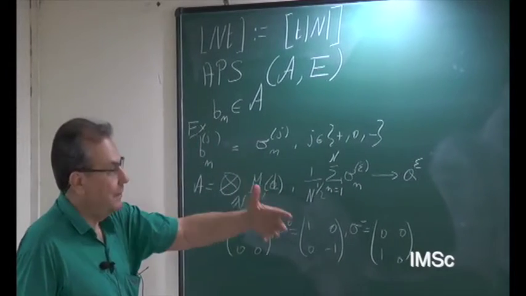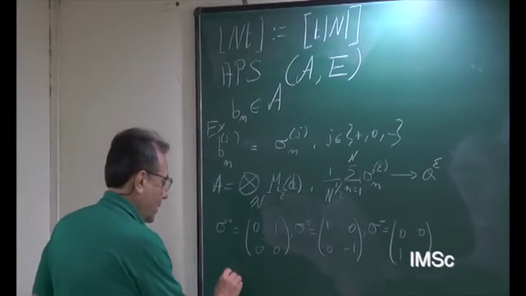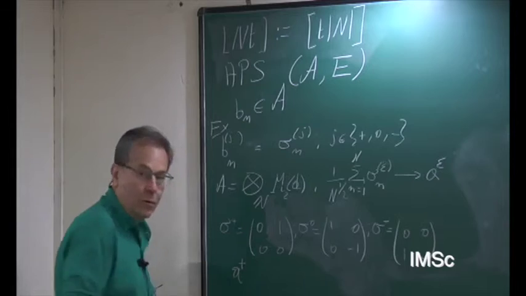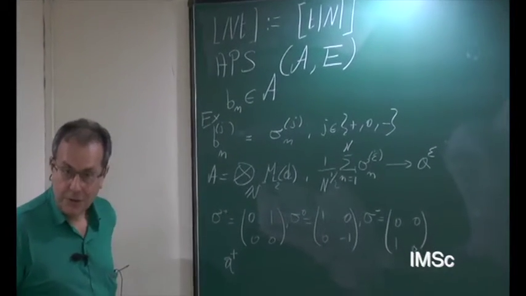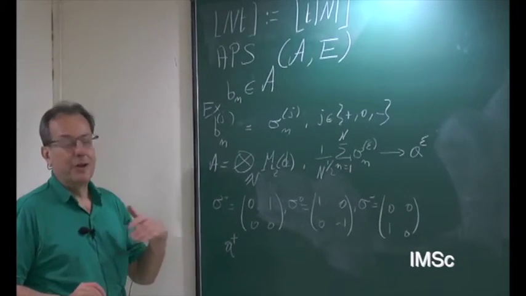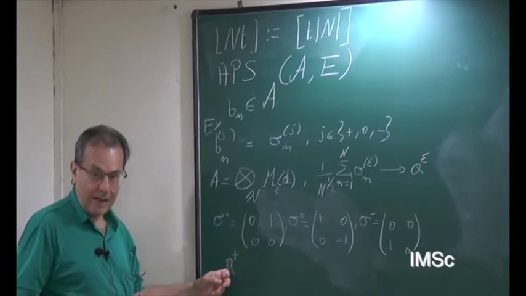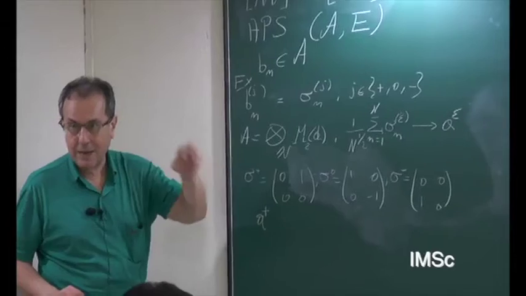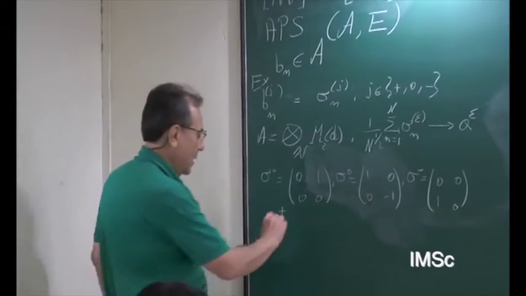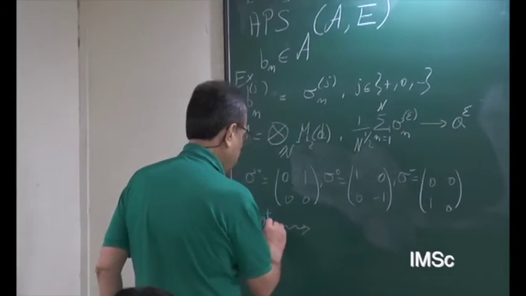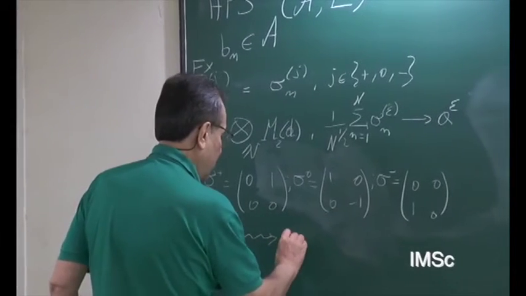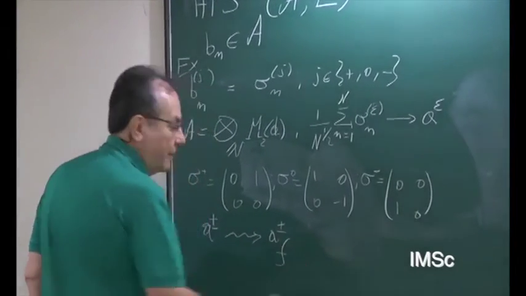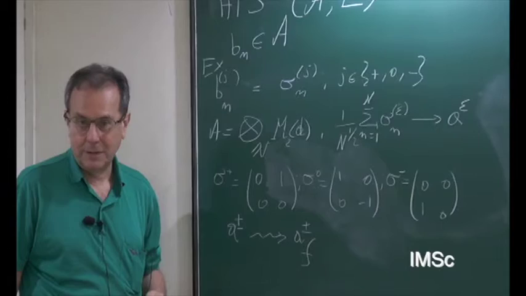When you have test functions, to go from the single random variable, like in this framework, to what we are doing today, the functional central limit theorem, corresponds to the transition, for example, A plus minus to A plus minus F. These are the famous quantum fields.